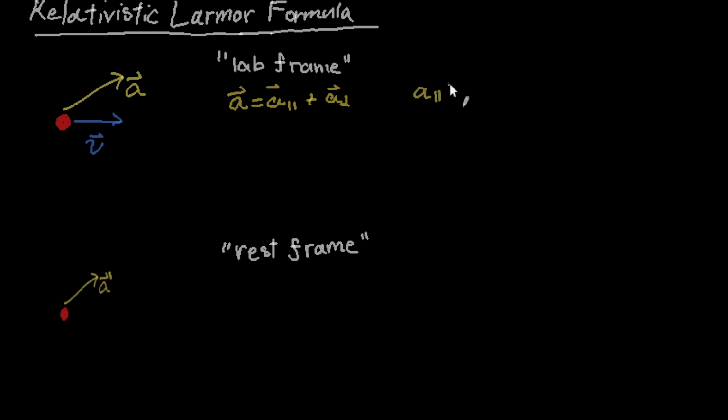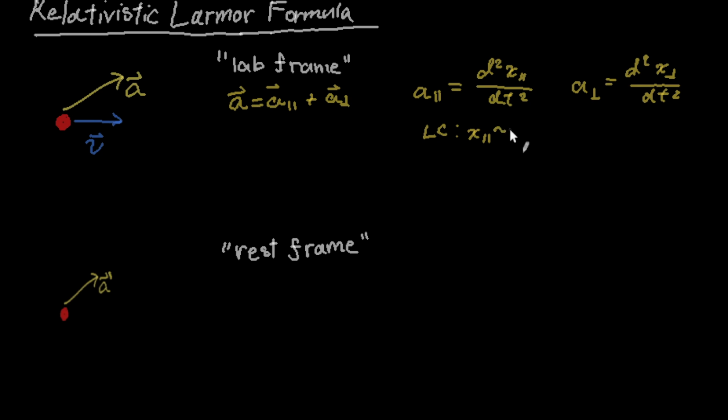From length contraction, we know that x parallel in the lab frame is about gamma to the -1 times x parallel in the rest frame of the object.